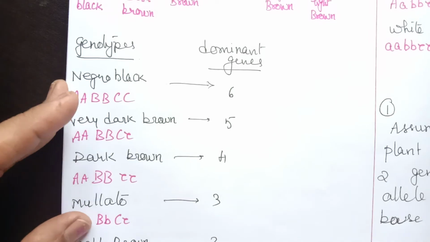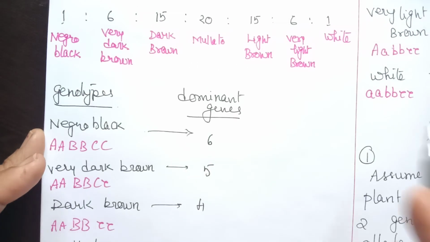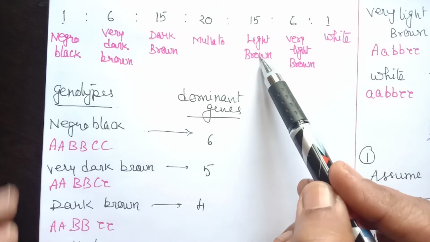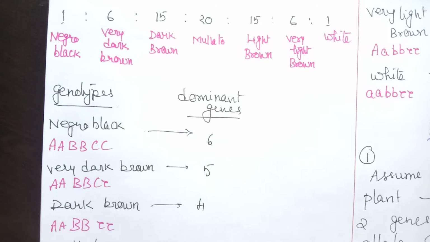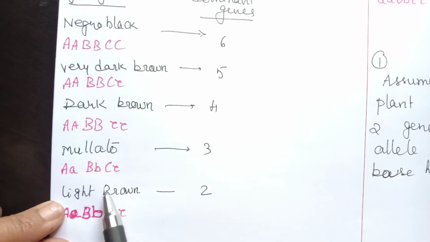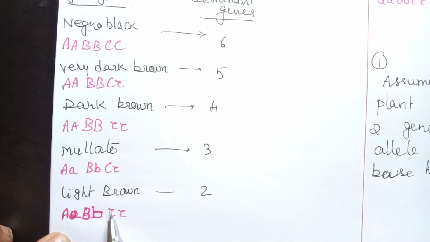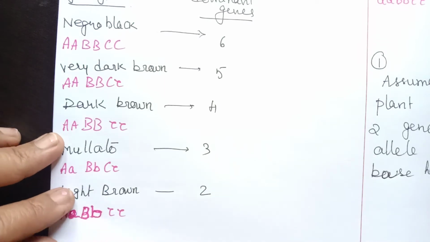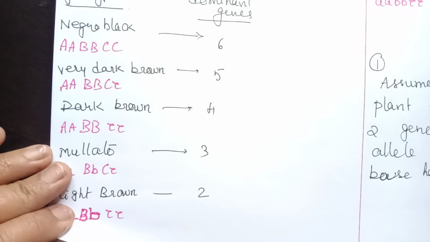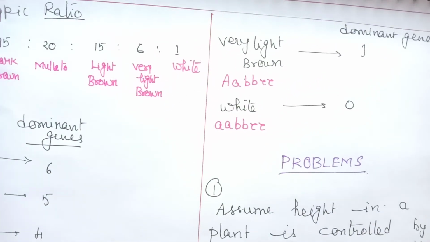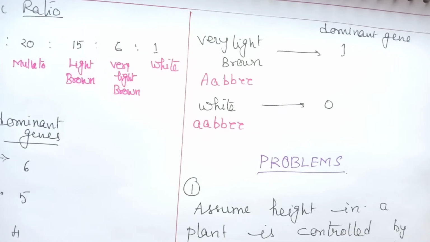Then next we have 15 of light brown. Light brown will have 2 dominant alleles. You can take any 2 dominant alleles; the remaining will all be recessive. After light brown we have very light brown.